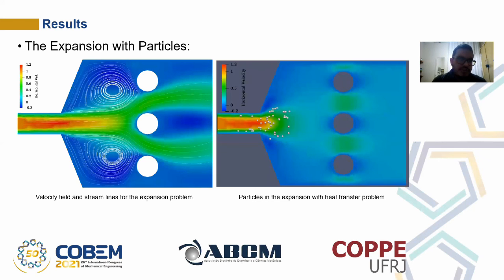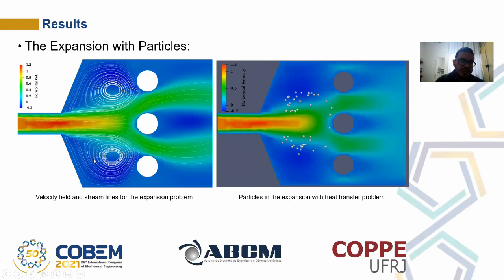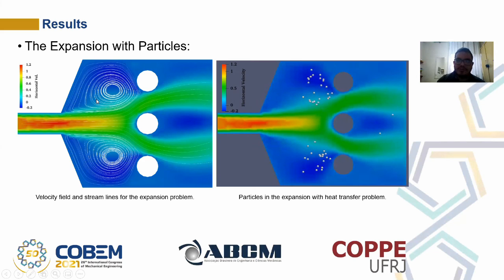Here are the results. So we see that for the high Reynolds number, we have recirculation regions here and here. So the fluid passes through the cylinders, and we have recirculation before the cylinders as well. And if we look at this video here, particles get trapped in this recirculation.